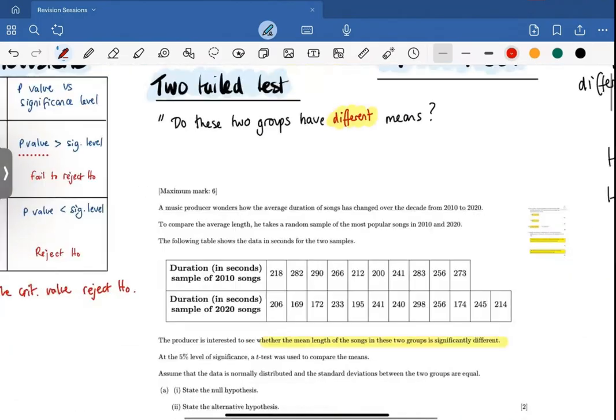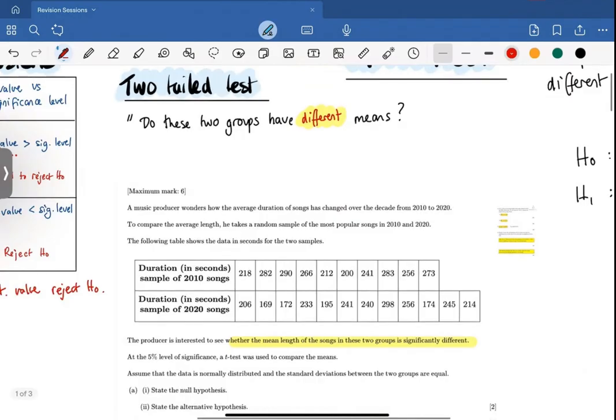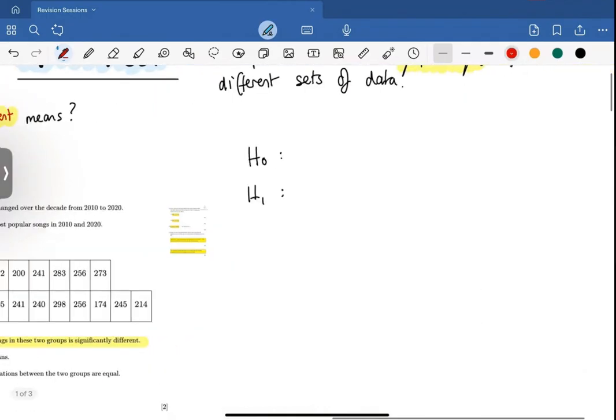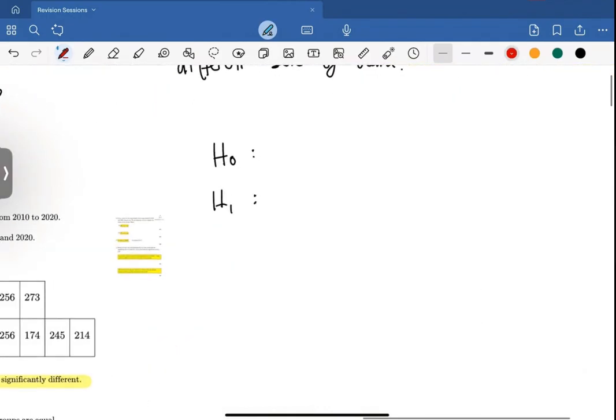Now, for a two-tailed test, our hypotheses are always going to be as follows. Now, you always write these in terms of mu1 and mu2. So for our first t-test, the two-tailed, we're going to say, well, our null hypothesis, the status quo, if you like, is that the means are just the same.